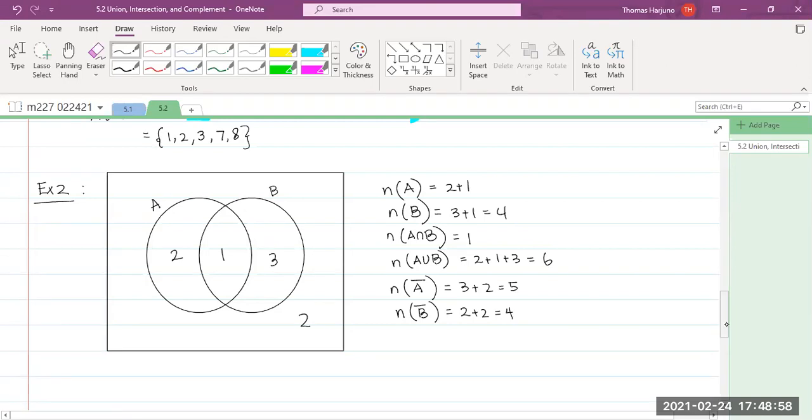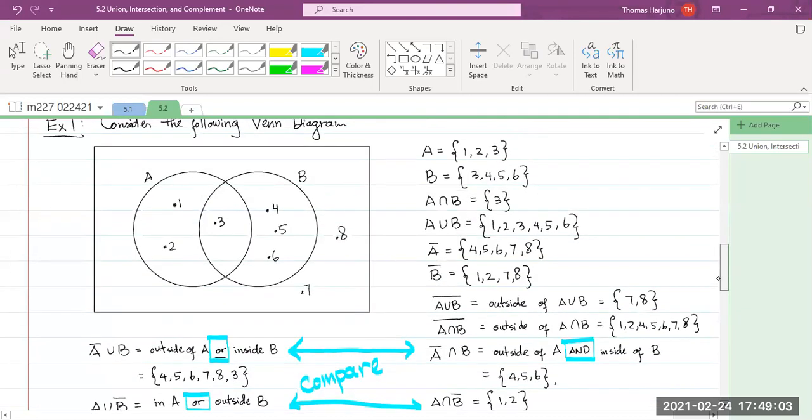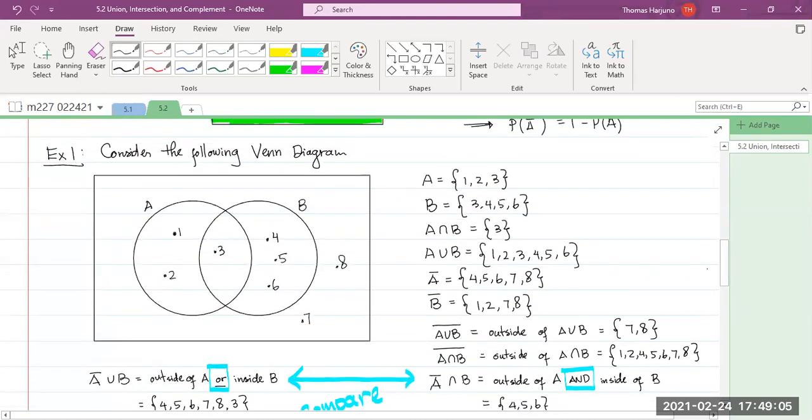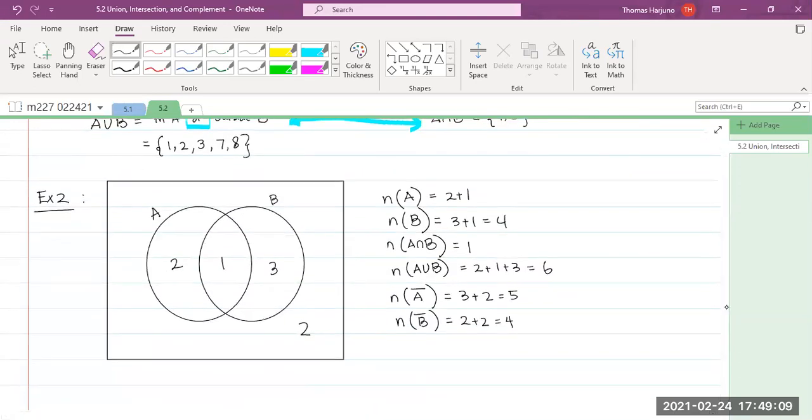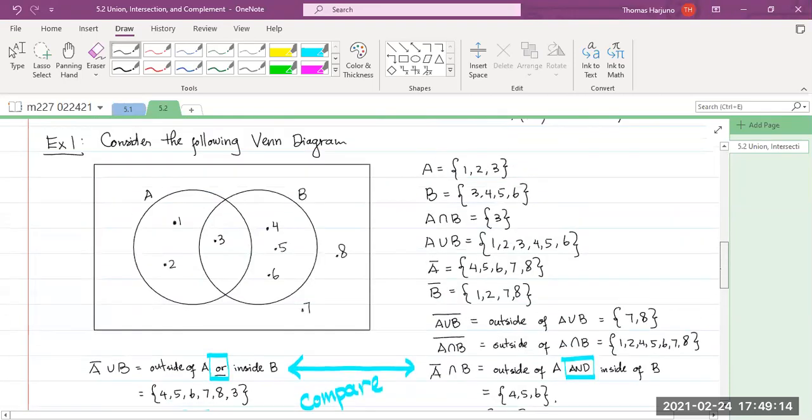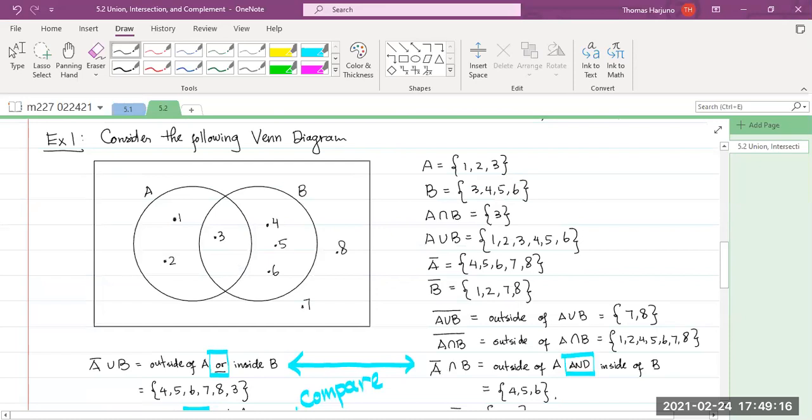Notice that this example 2 here is the summary of example 1. But Thomas, I saw numbers and I also saw numbers. Now, the difference is the one here uses dots, right? It means number 1 is an element of A. Number 2 is an element of A. Number 3 is also an element of A. Now, B consists of 3, 4, 5, 6.